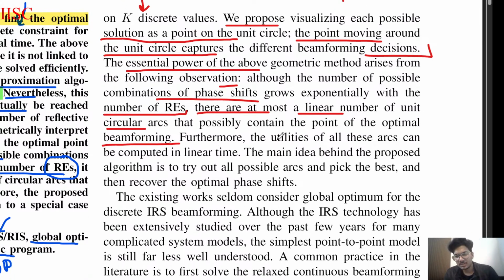Furthermore, the utility of all these arcs can be computed in linear time.